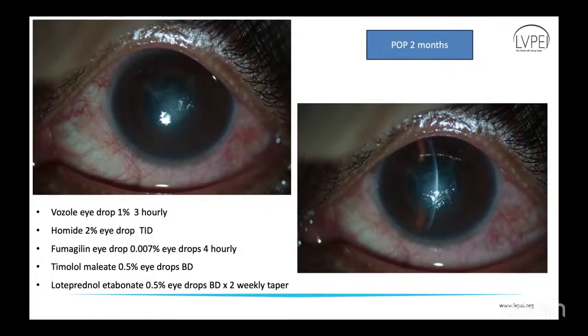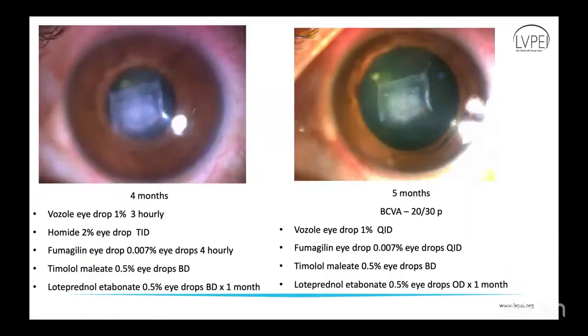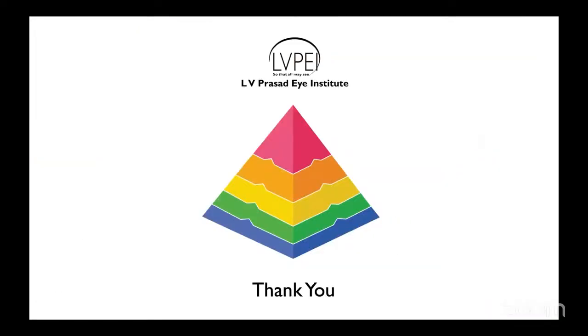So she was continued with the same medication. And this is over a follow-up period of 4 months and 5 months. Her last follow-up was at 5 months, where the medications were continued and lotipred was advised for about 1 month. And she has regained a best corrected visual acuity of 20/30. So this is the case.